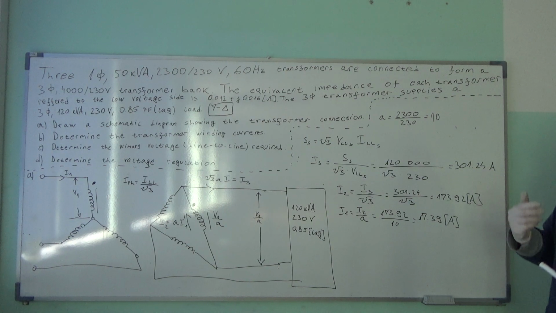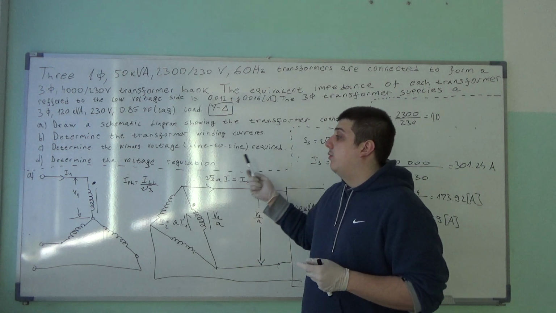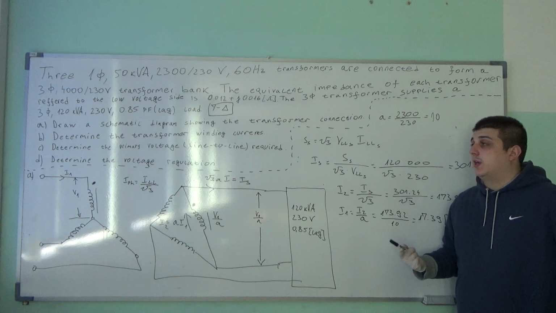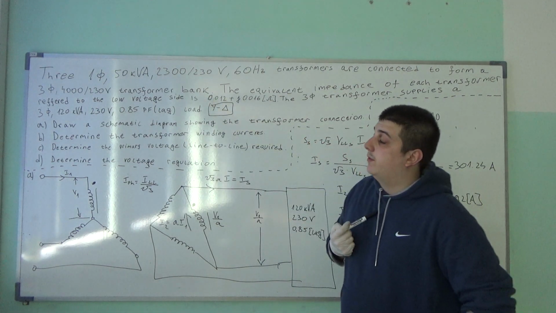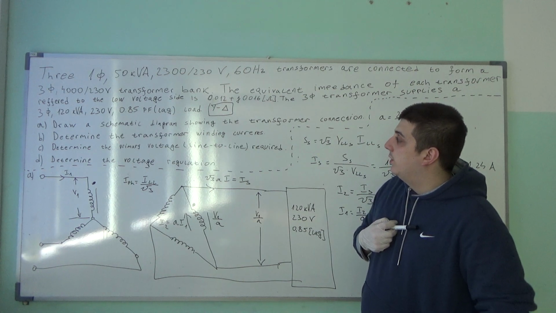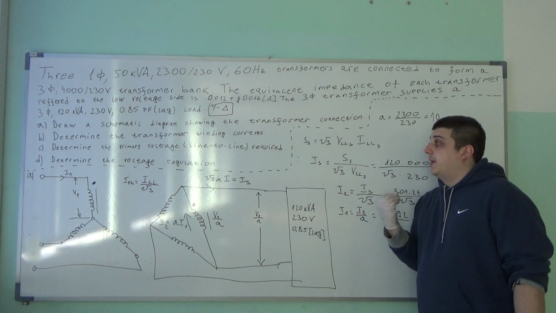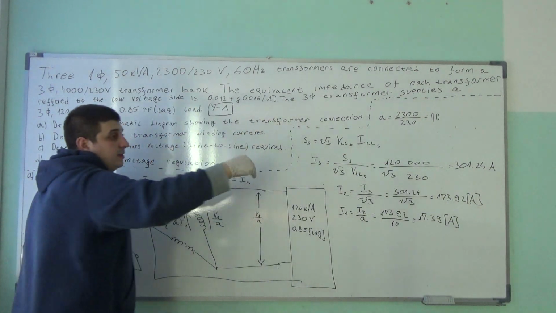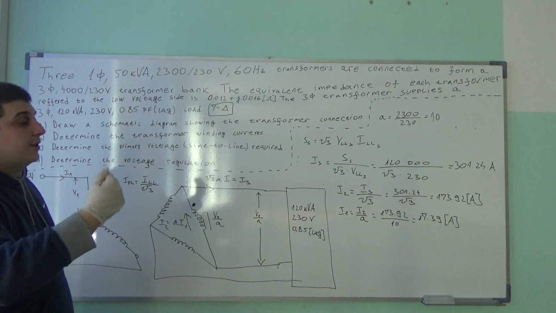Now we have to determine what would be the primary voltage required, so that this here is 230 volts. It isn't exactly 2300 volts, because we have an impedance on the lower side, but we are going to refer it to the higher voltage side.